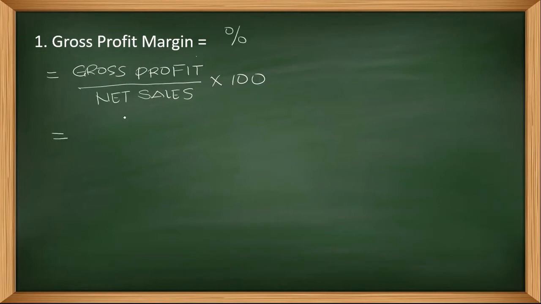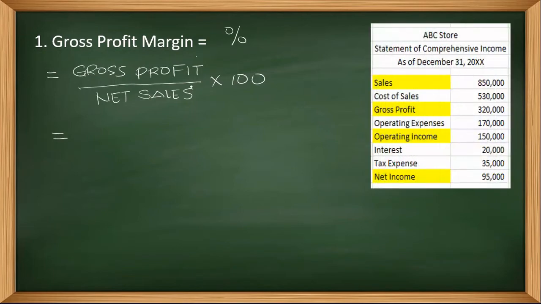So the next step is, how do we get the data, or where are we going to get the data for the gross profit and the net sales? So we get the data from the SCI, or the Statement of Comprehensive Income, otherwise known as the income statement.